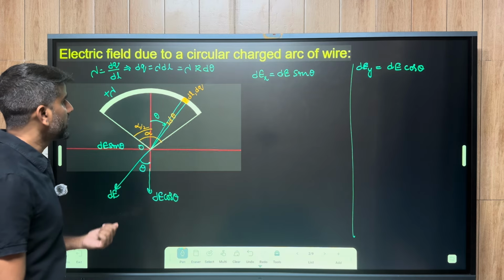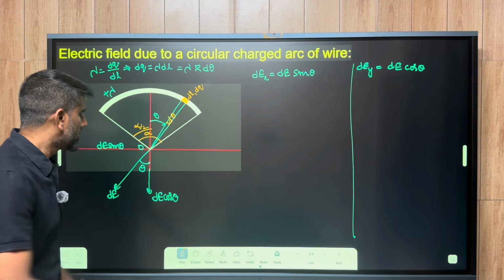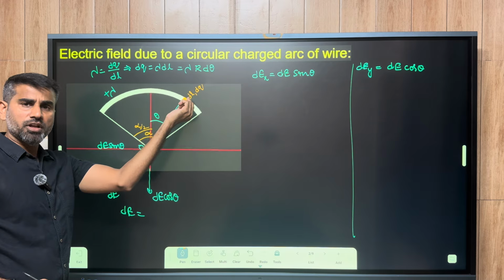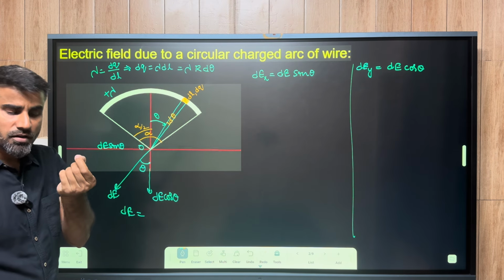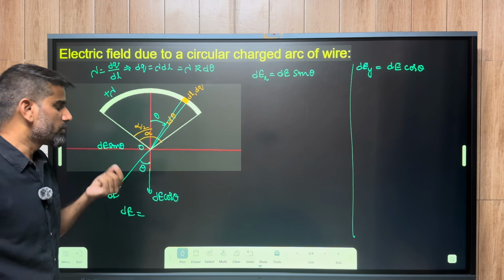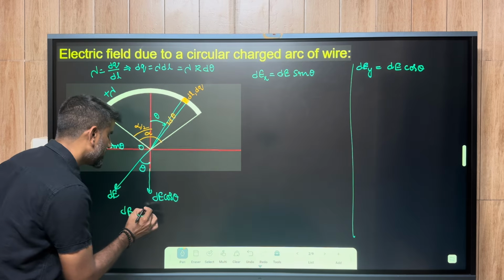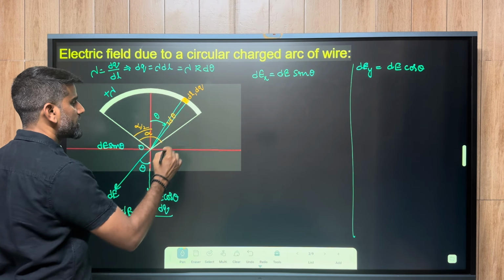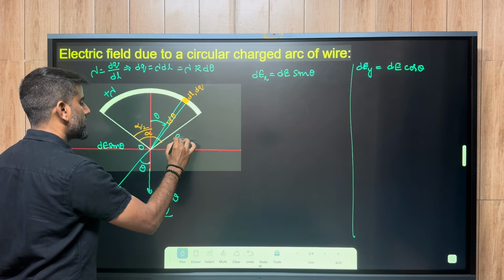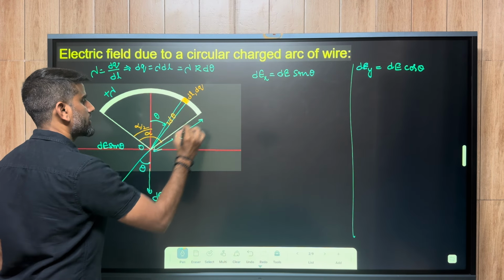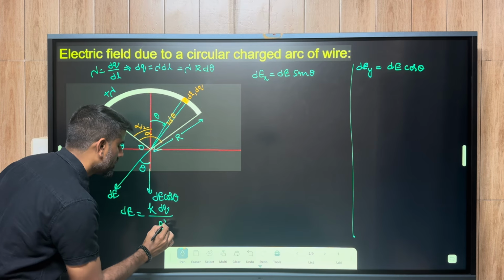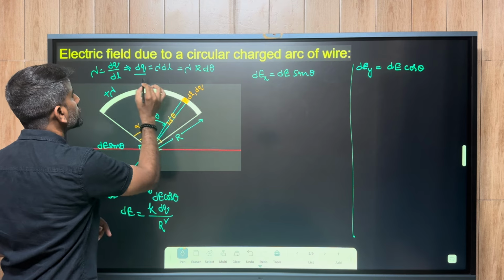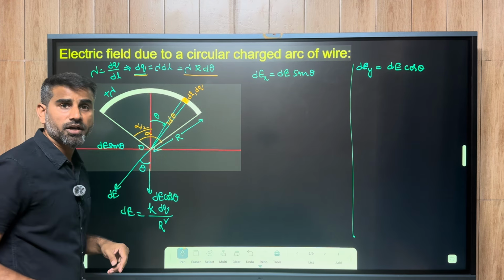Now, as I know, let's write the equation for dE. This dE is the electric field due to a small element of charge, which is very small, so I can consider it as a point charge. I'm going to write the electric field due to a point charge. dE is equal to k dq by r squared, taking the radius of the circular arc as r. As I know, dq is equal to lambda r d theta.